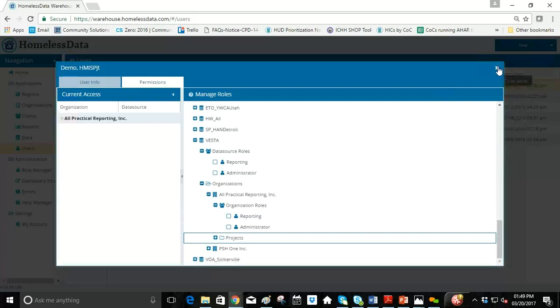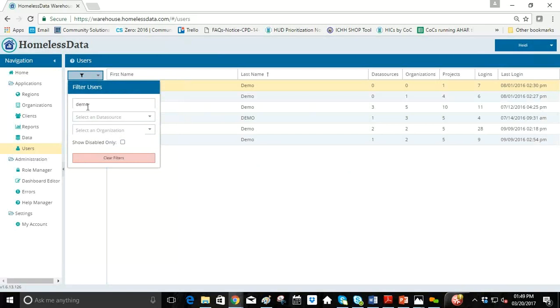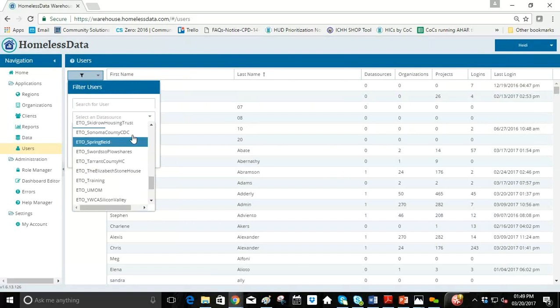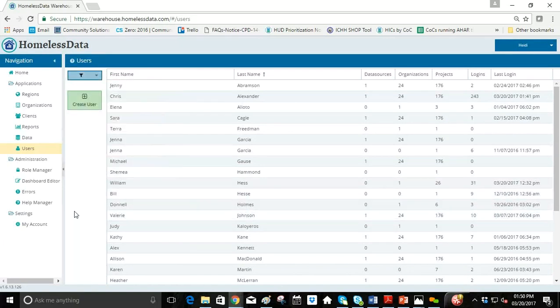So I did get some advance permission to show a few people's accounts because I think it's really easiest to look at some real examples of how some users are using it. So Chris, thank you for this. Chris Alexander's on the call, I believe, from Sonoma County. Sonoma County is lovely. It's got one data source for one COC region.